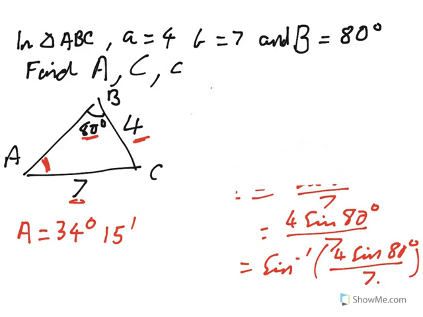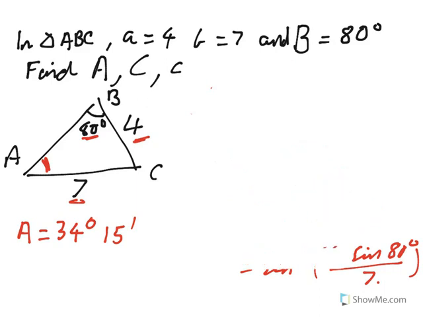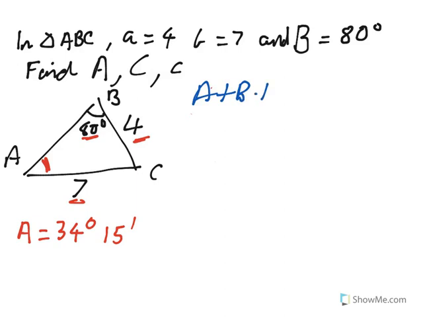The next bit we're going to look for is angle C, and given that this is a triangle, that means that angle A plus angle B plus angle C, not a right angled triangle, I'm talking about a triangle.